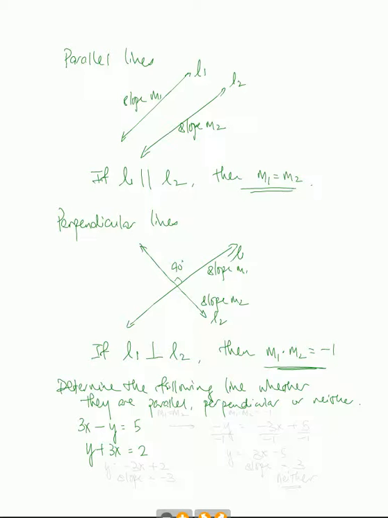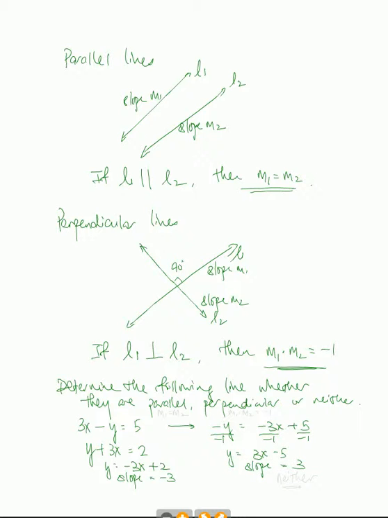For the first problem, you're going to have to isolate your y, which means you're going to leave the minus y here, and 3x is brought to the other side. When you divide throughout by minus 1, it says y equals 3x minus 5. For the second line, I'm going to just bring it over, and it tells me that the slope for this second line is negative 3, whereas the slope for the first line is positive 3.